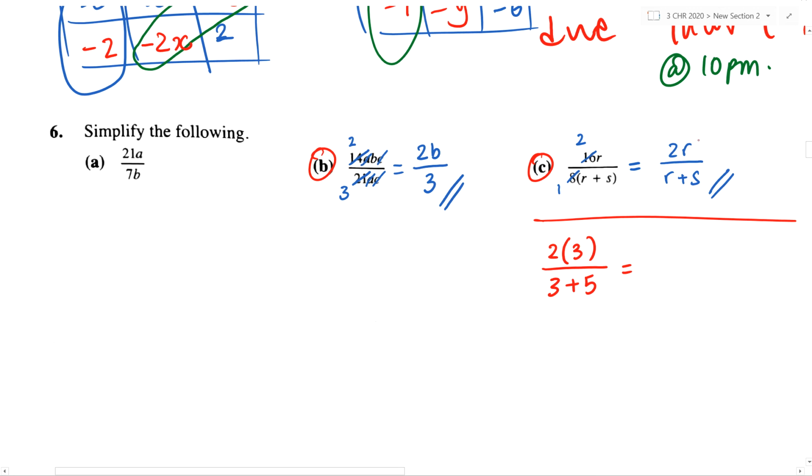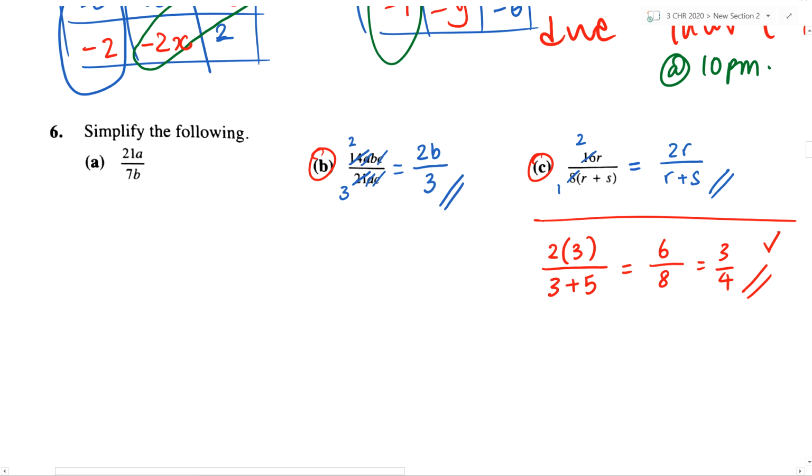So here I've replaced r with 3, I've replaced s with 5. We can do this with our calculator, or we can do it even without our calculator. Here we have 6 over 8, which is the same as 3 over 4. That is if we simplify it. Now we know that this is definitely correct.